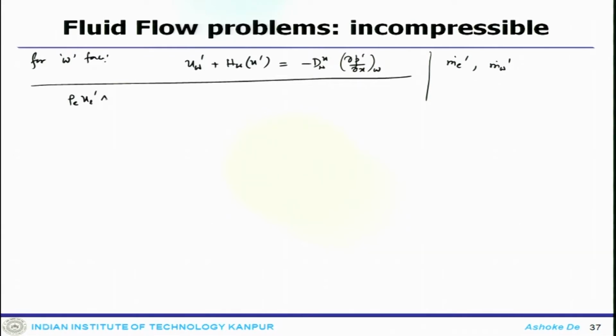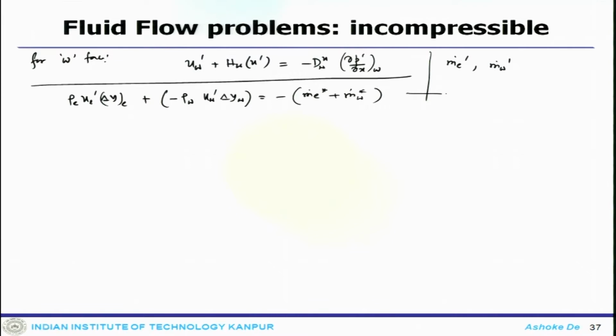rho u e prime delta y e minus rho w u w prime delta y w equals minus m dot e star plus m dot w star.